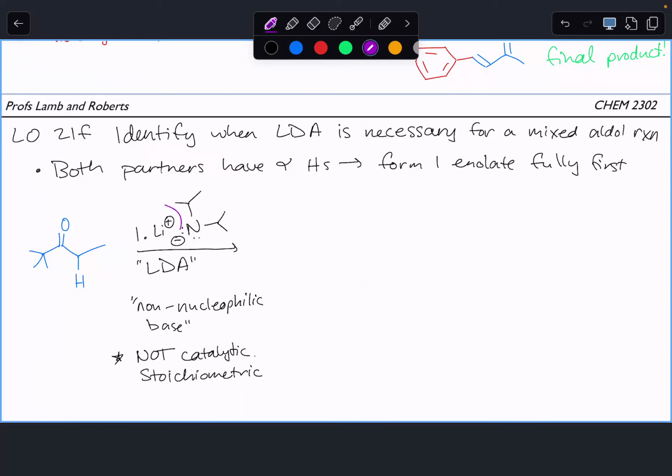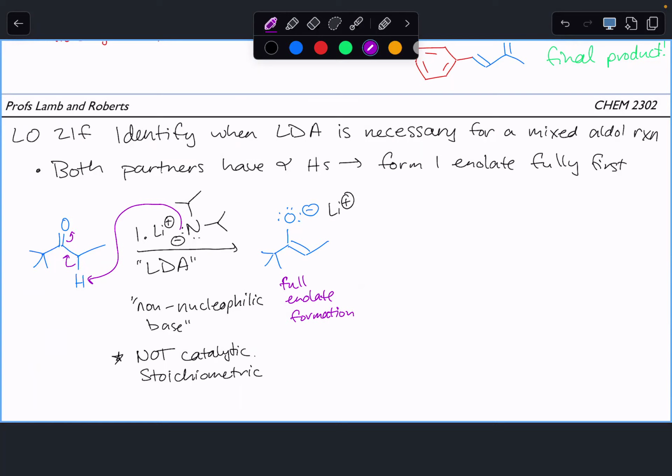So our base is going to grab our alpha proton to form our enolate, with lithium as our counter ion. So this is full enolate formation. It's going to sit in the flask as the enolate.